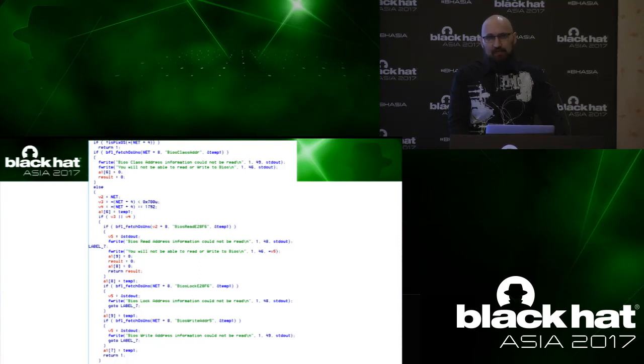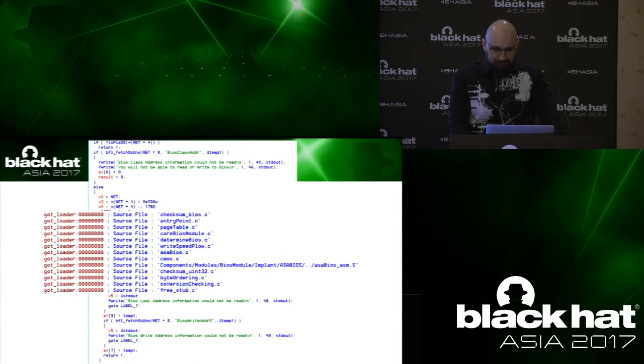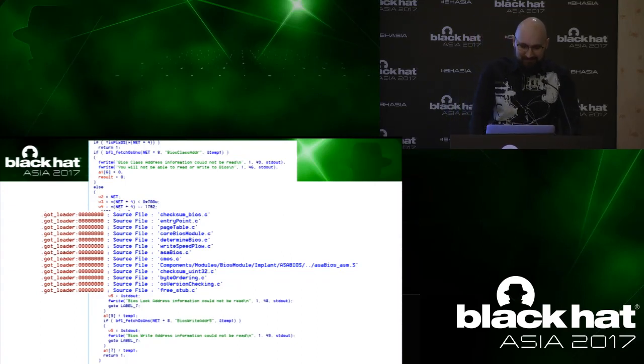But it's also a legacy BIOS, not UEFI based, and probably it works on some old routers. What is also funny is that the debugging symbols were not stripped, and we can see all the names of the source code files here, which pretty much points us to what kind of architecture this BIOS implant has.